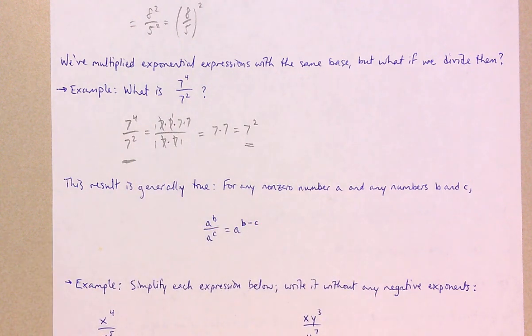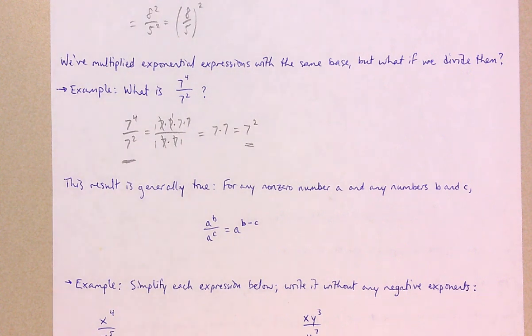And that is generally true. For any non-zero number a, and any numbers b and c, a to the power of b divided by a to the power of c is equal to a raised to the power b minus c.